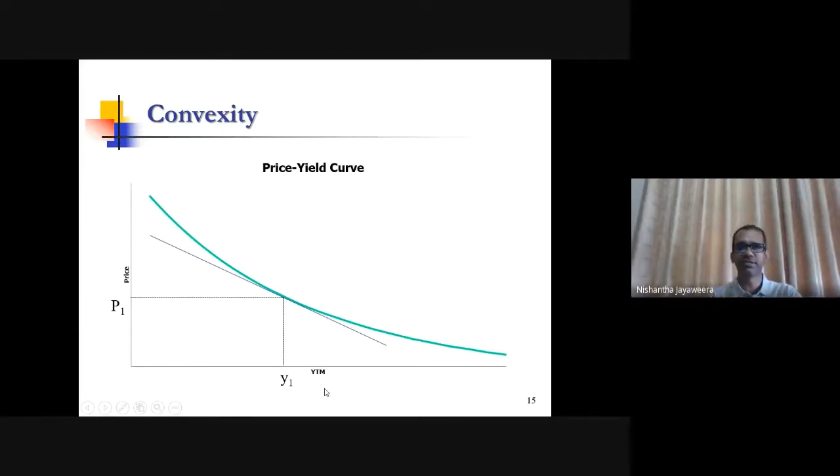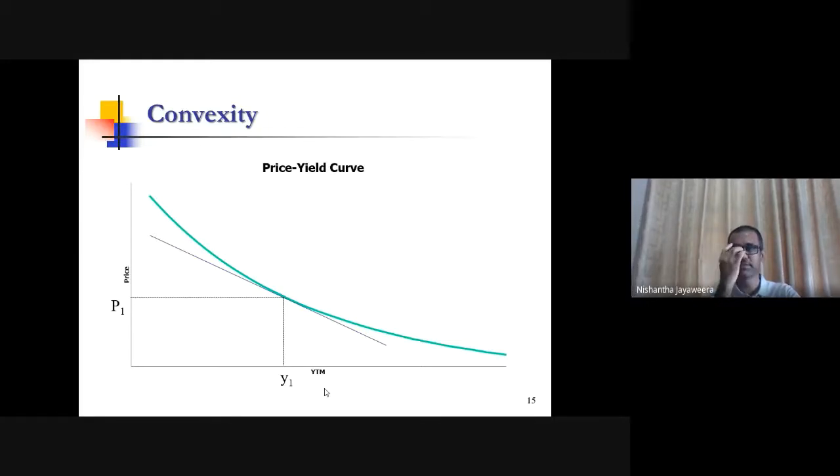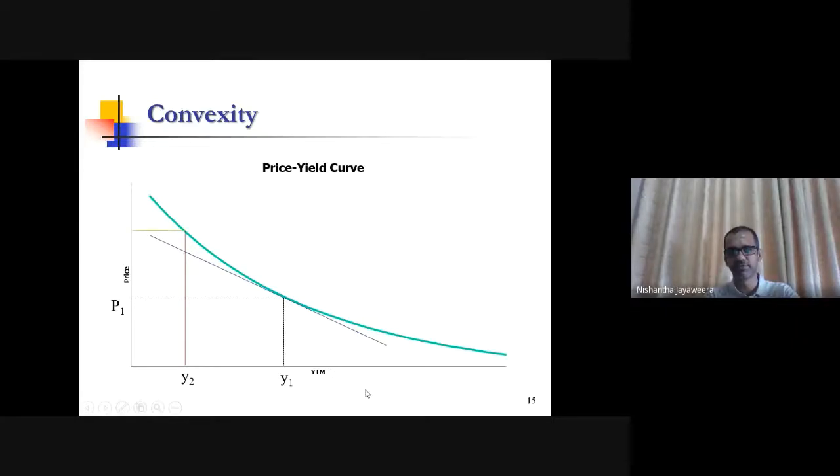When we use the duration to forecast for a given change in yield, say the yield moves to y2, we move along this straight line and derive this price, P3. But the exact new price would be something else. That's why it says this is only an approximation. This is not the exact price change as a percentage.